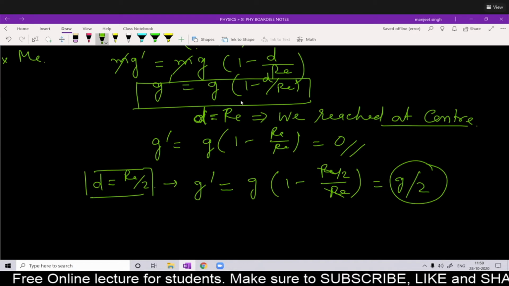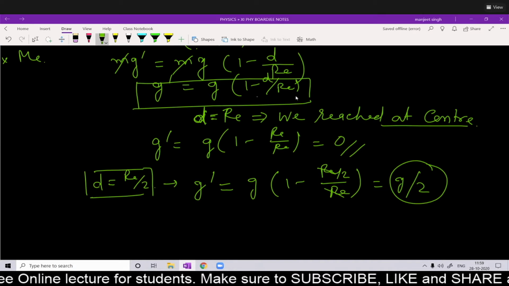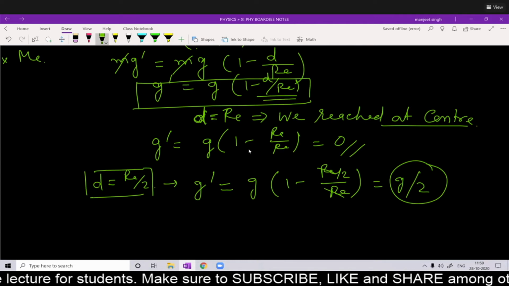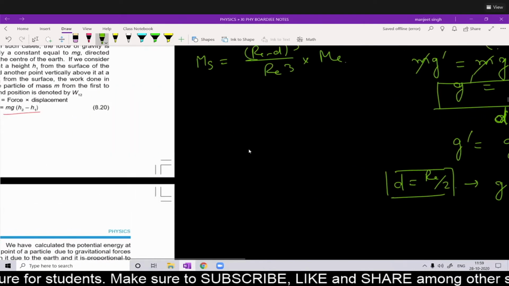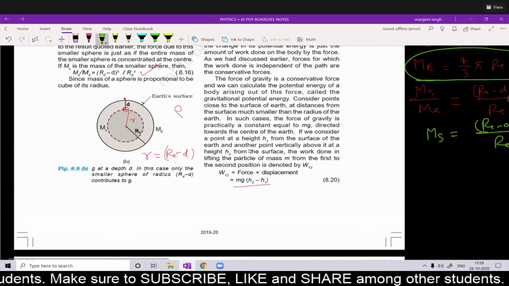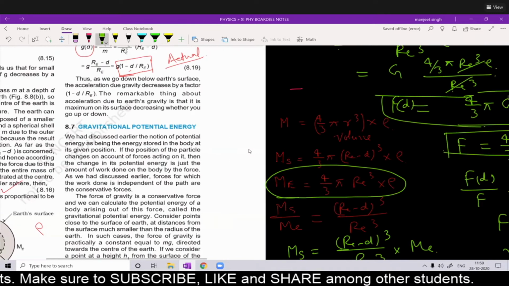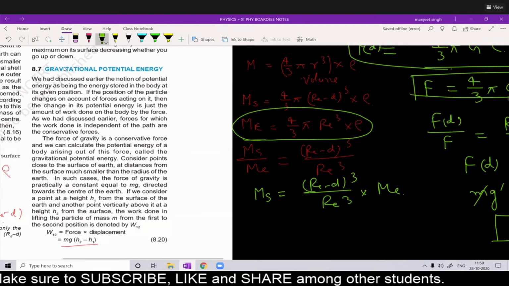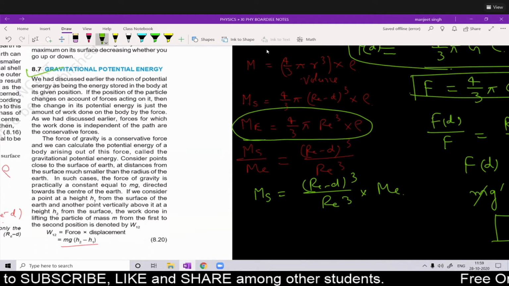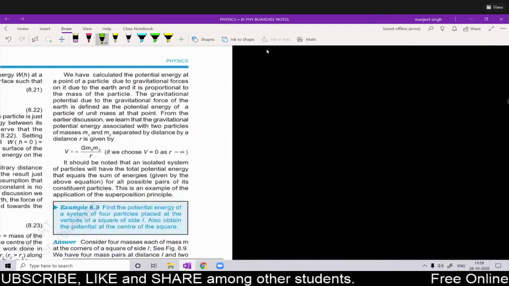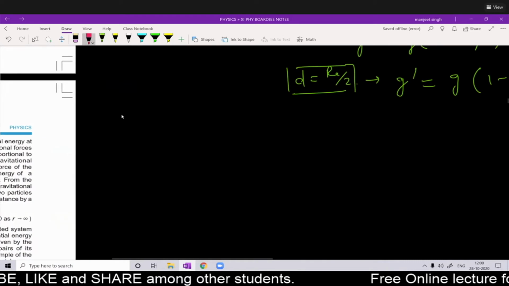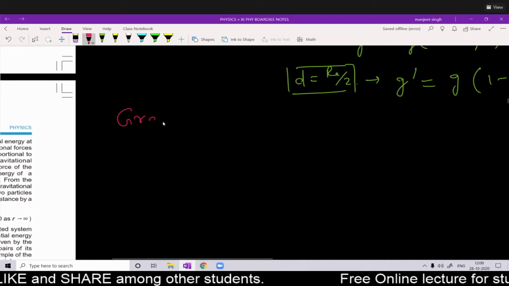So we have to know what is gravitational potential. Then we will understand gravitational potential energy. What is gravitational potential?